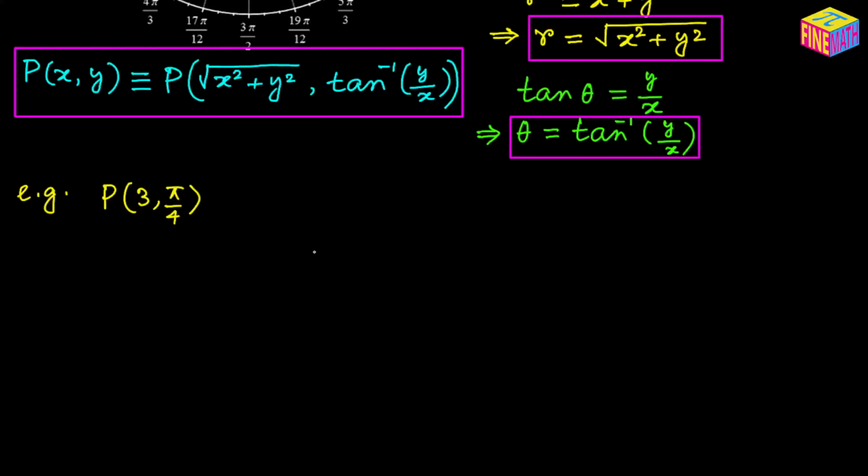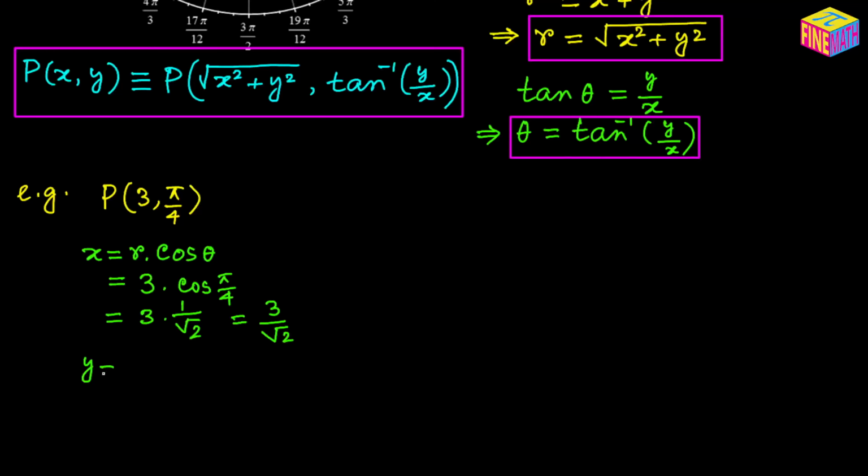So what would be x? Well, here x would be r times cosine of theta. In this case r is actually 3, so that would be 3 times cosine of pi over 4, so that would be 3 times 1 over square root of 2, and that is equal to 3 over square root of 2. And similarly, what would be the value of y? Well, y is equal to r times sine of theta.